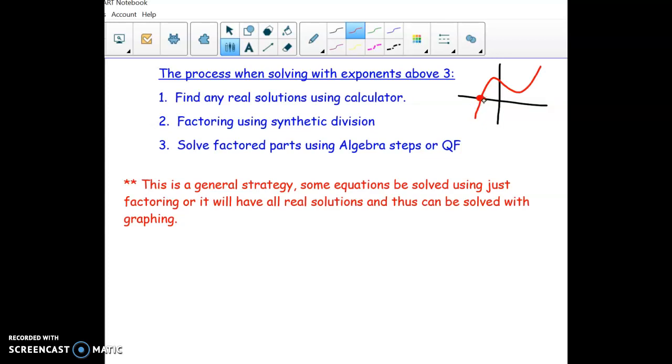Then after I get that answer, you're going to factor using synthetic division, and then you'll have something one degree less. So if I started with an x cubed and I factored out one of my answers, I'd have an x squared. And then from there, you're just going to solve this remaining x squared with either algebra steps or the quadratic formula. All right, so hopefully you've got those steps down, and we're just going to dive into a couple sample questions.